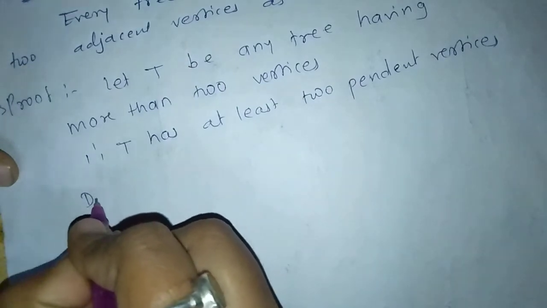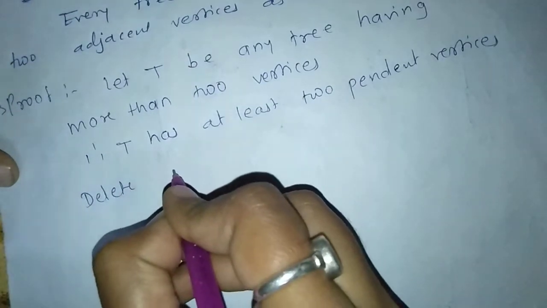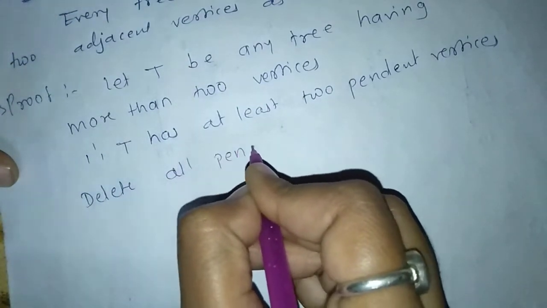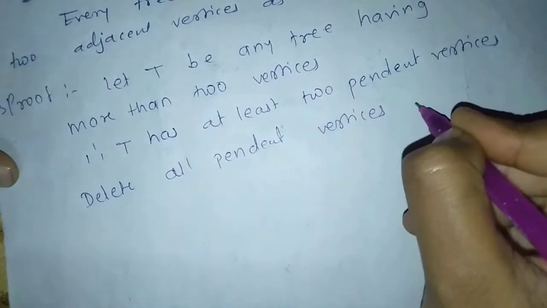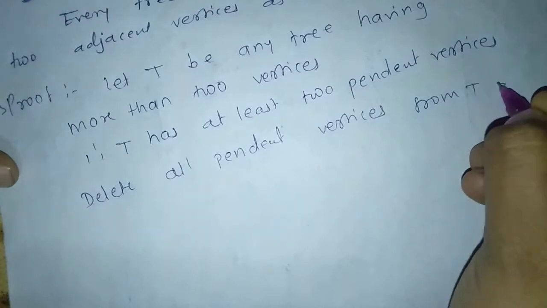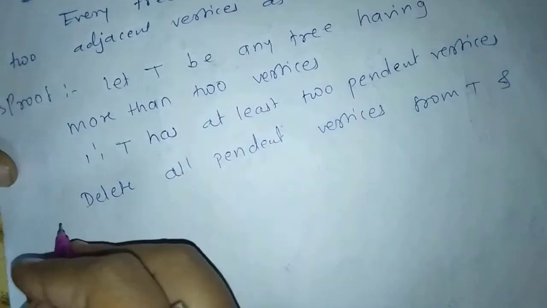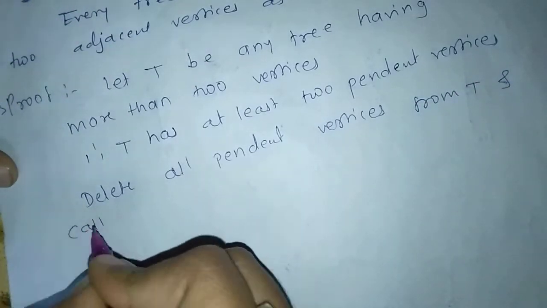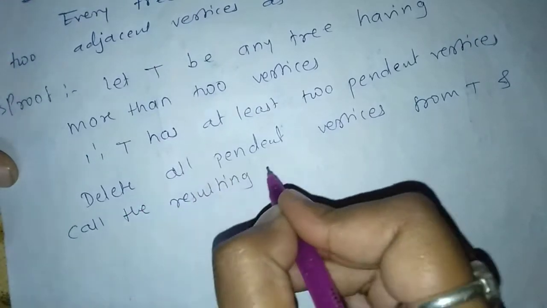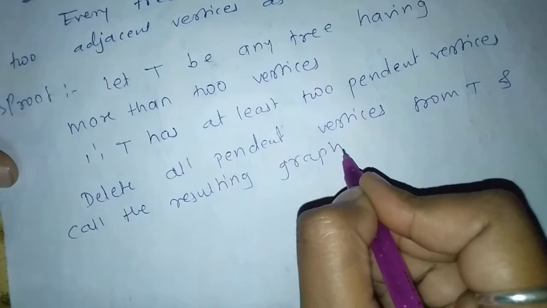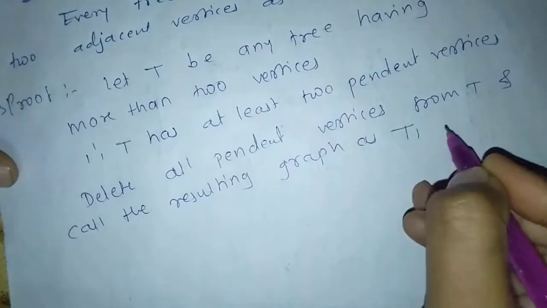Now, delete all pendant vertices from T and call the resulting graph T1.